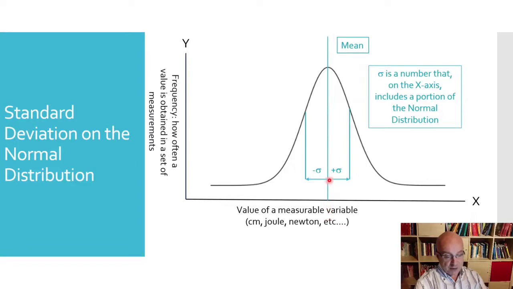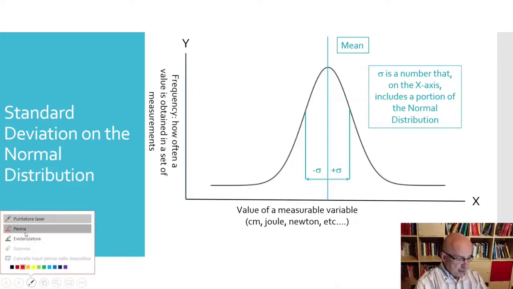So if I consider the mean, which is in the center of the normal distribution, and I consider the range given by the mean plus 1 sigma and minus 1 sigma, this range includes a portion of the curve, okay? The portion of the curve is given by these two vertical lines.